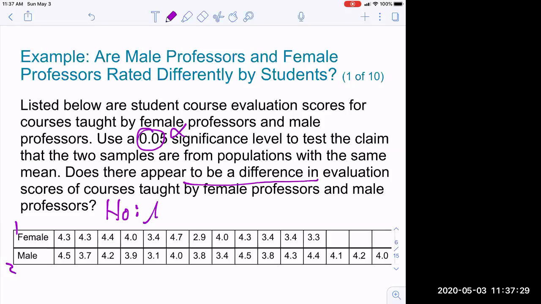So we're saying, okay, the mean of females is equal to that of males. And my alternative, in this case, does there appear to be a difference? Well, it's not saying it's less than or greater than. So are the ratings for female professors different from those of males?